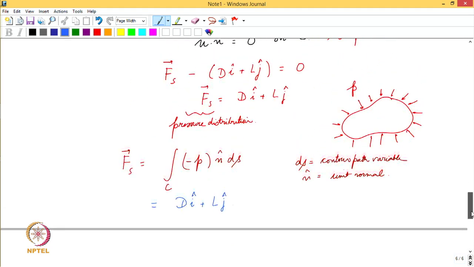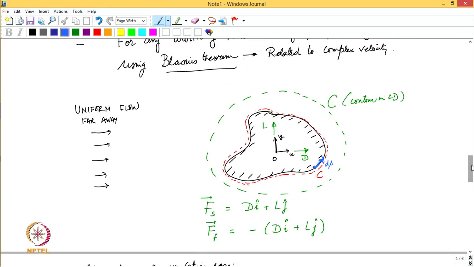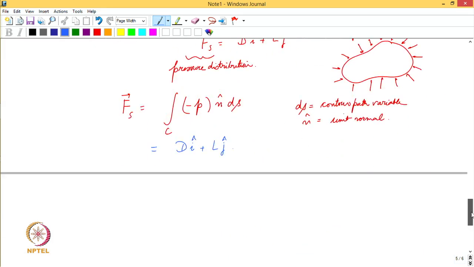Now, referring to this figure again that I have drawn here, let us look at the infinitesimal element ds, okay, and let us try and resolve it into its projections along x and y axis.